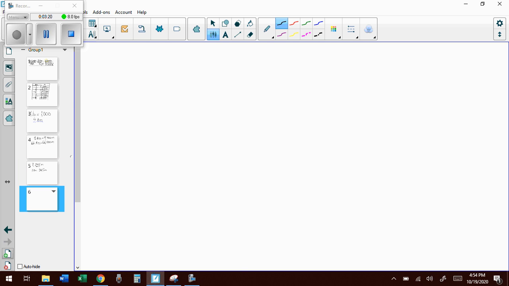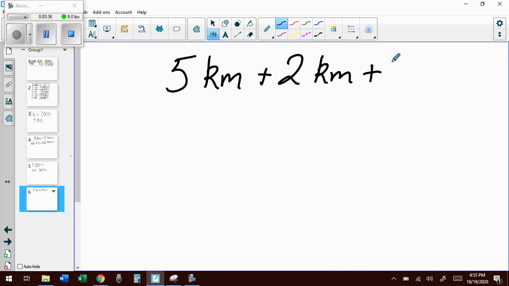We said, well, if we understand all that, then we could probably start adding them. So we would take 5 kilometers plus 2 kilometers plus 325 meters.